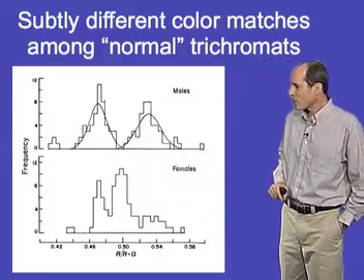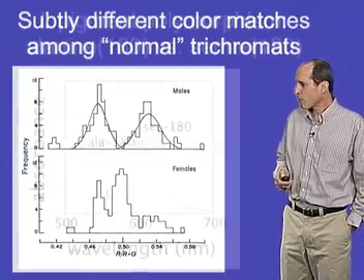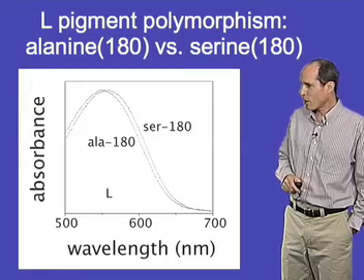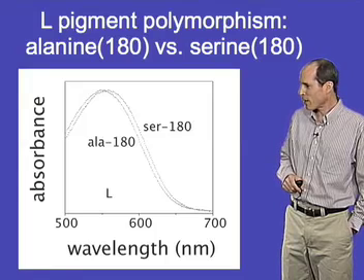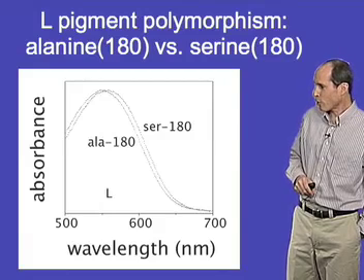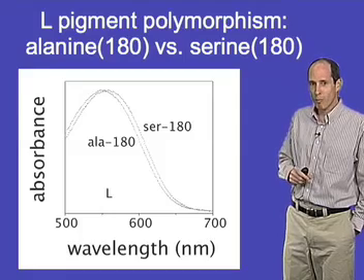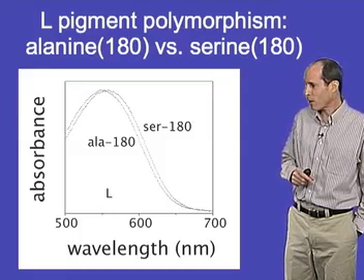And what we're seeing is the effect of this polymorphic variation and its effect on the absorbance spectrum of the red of the L pigment, which is now shown here, determined analytically by producing the recombinant proteins and reconstituting them with the retinal chromophore.